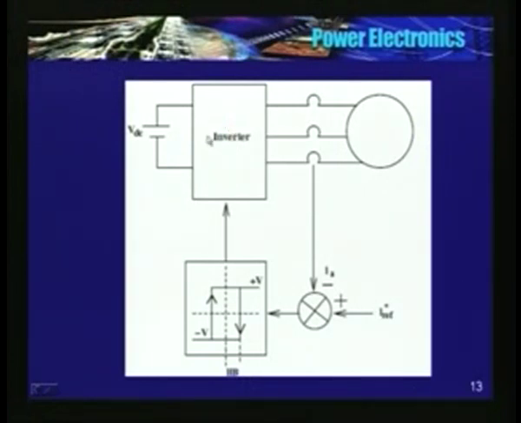What could be the other advantage of current controlled PWM technique? See, the input to the inverter is a voltage source, and this VDC voltage source is derived by rectifying the input AC. So, if input AC fluctuates, which generally it does, the DC link also will fluctuate.